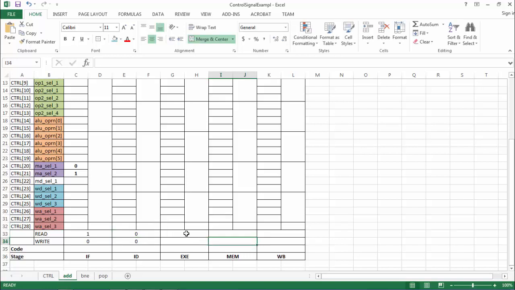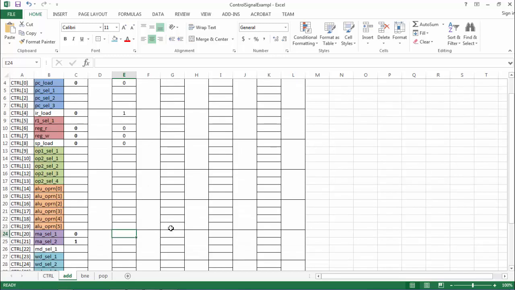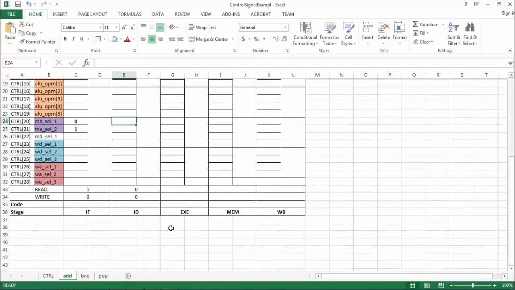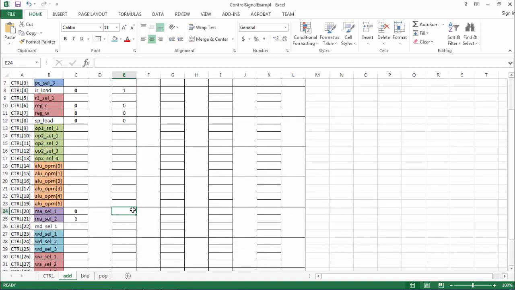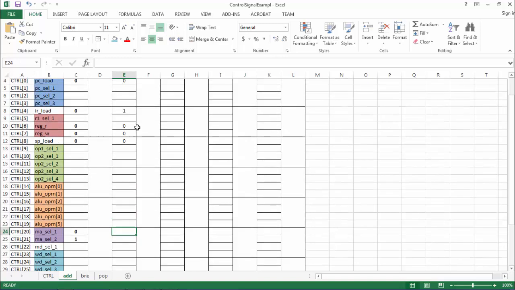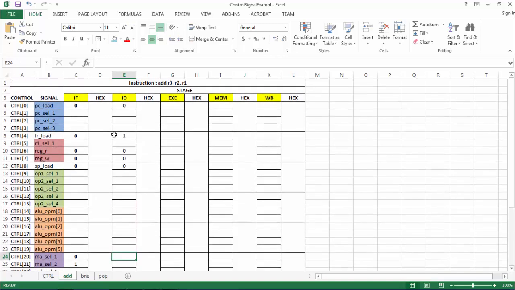This memory and memory select in this case is don't care, so it is not important, right? So we just leave it aside. What else is important right now? Okay, we took care of the memory, we took care of the stack pointer not loading, the instruction register has to be loaded.